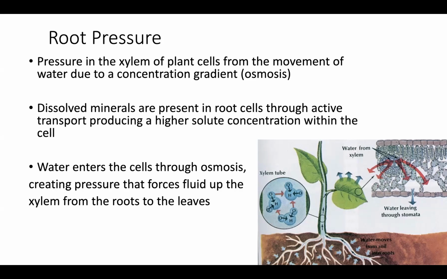Once there's a higher solute concentration in the roots, water is going to move into the roots from the soil, and that is going to start the movement of water up the plants. Okay, so it starts from the bottom.